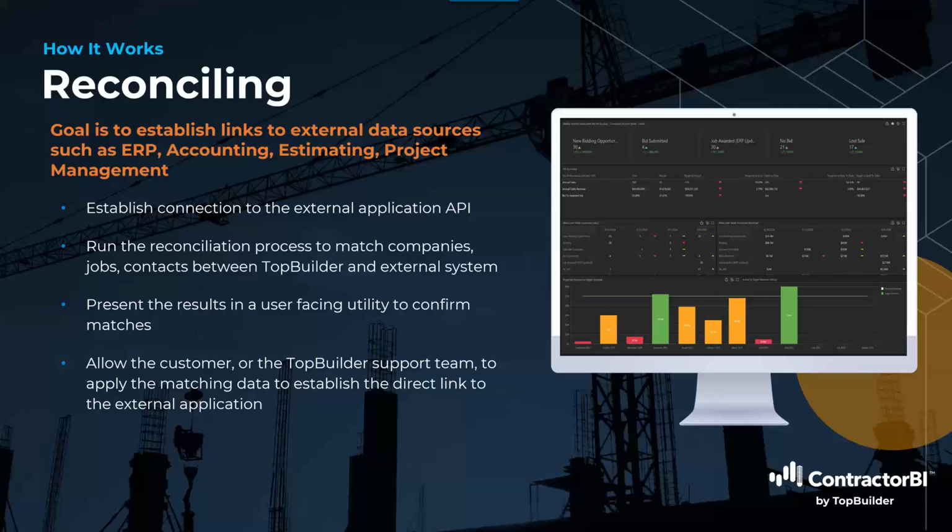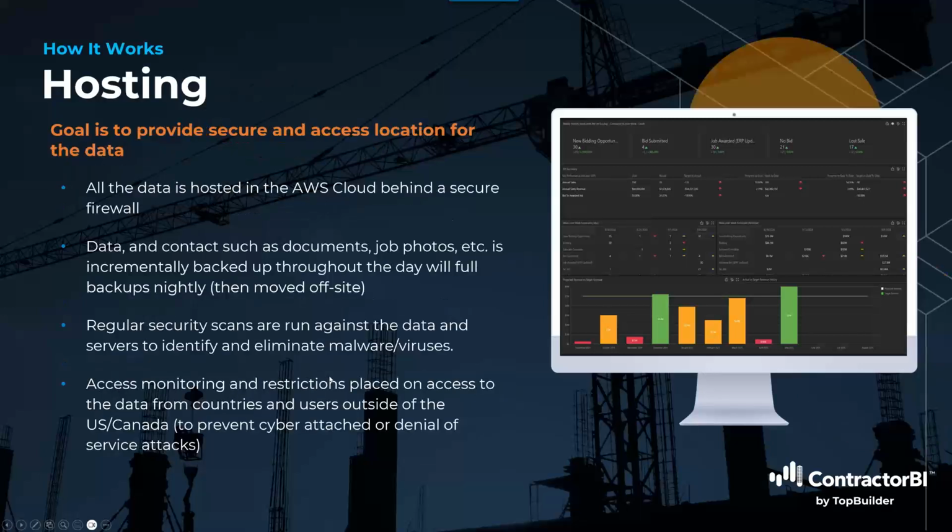Then I'll go over to my estimating platform. It could be Stack, it could be B2W, it could be whatever. I'm going to do the same thing there. Now I have all my data in one place, and it's all reconciled with TopBuilder and each of the third-party applications. Fantastic.